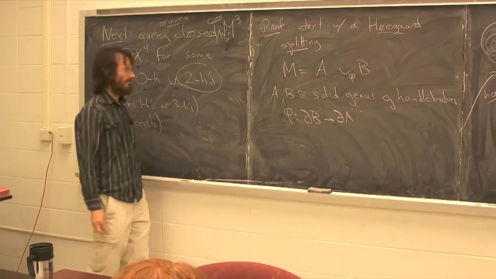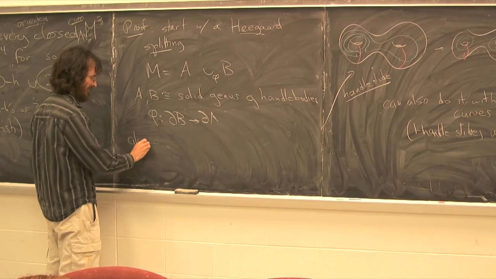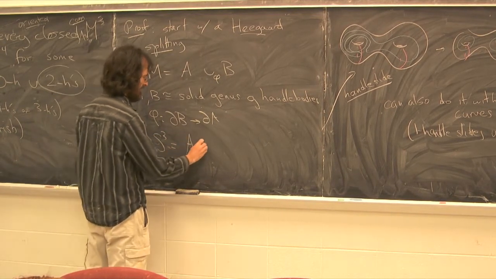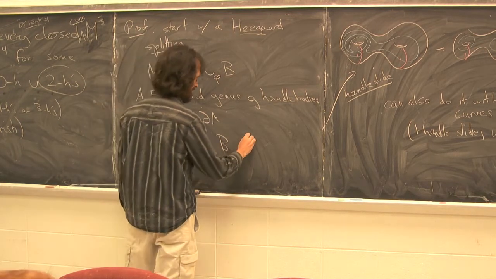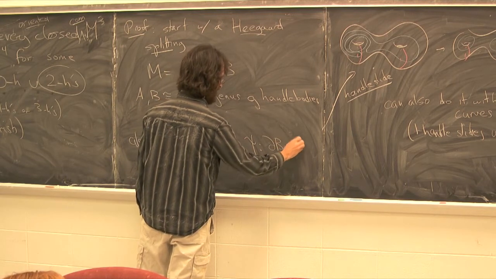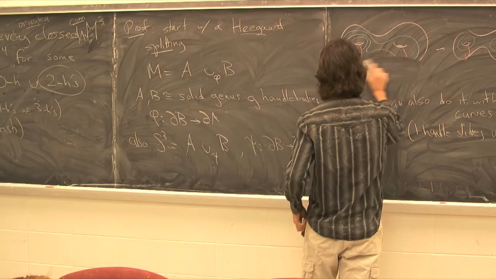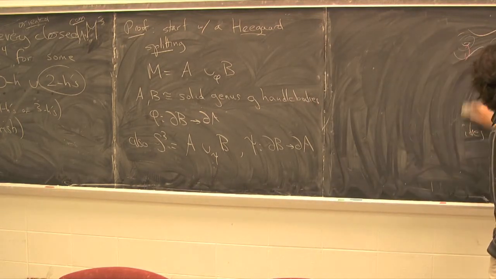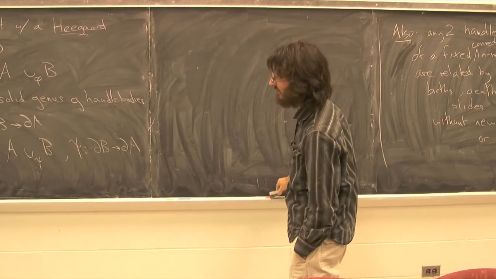So now, what I want to do is remember that also S3 can be written as A union B with some other gluing map C. So why is that? Well, what's the easiest way to see it?